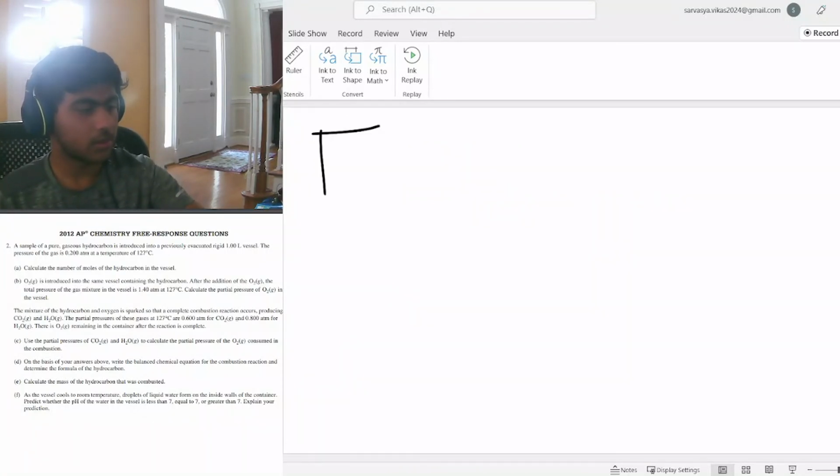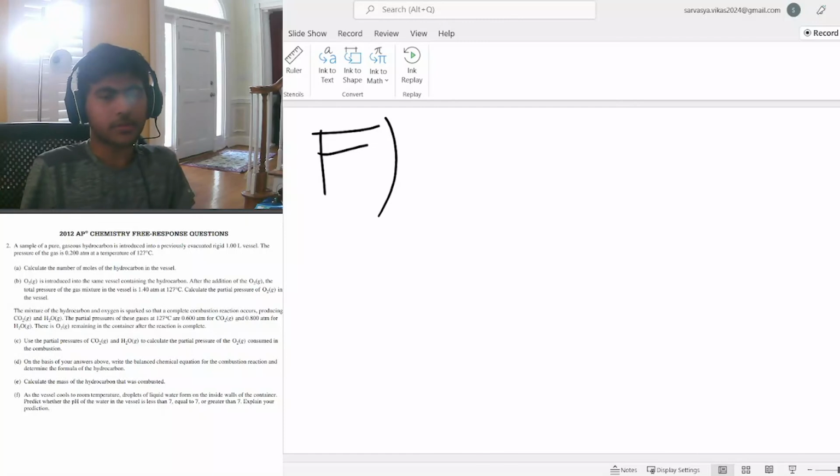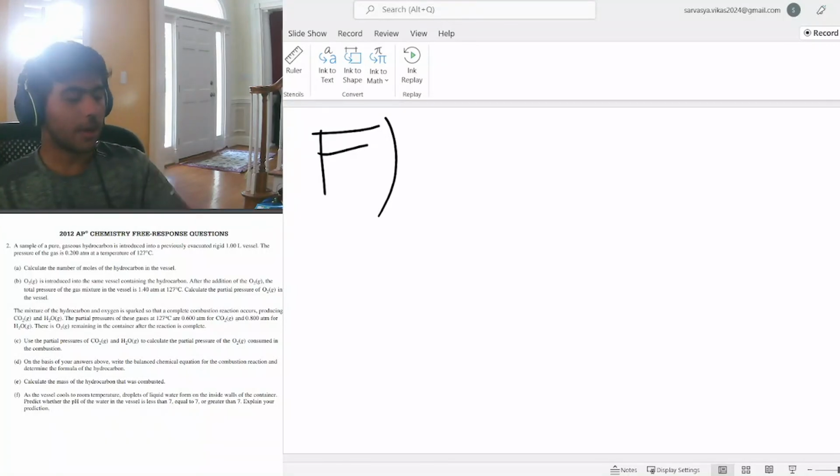Alright. Part F is, as the vessel cools to room temperature, droplets of liquid water form on the inside walls of the container. Predict whether the pH of the water in the vessel is less than 7, equal to 7, or greater than 7. Explain your prediction. Now we're trying to predict the pH of the water in the vessel.